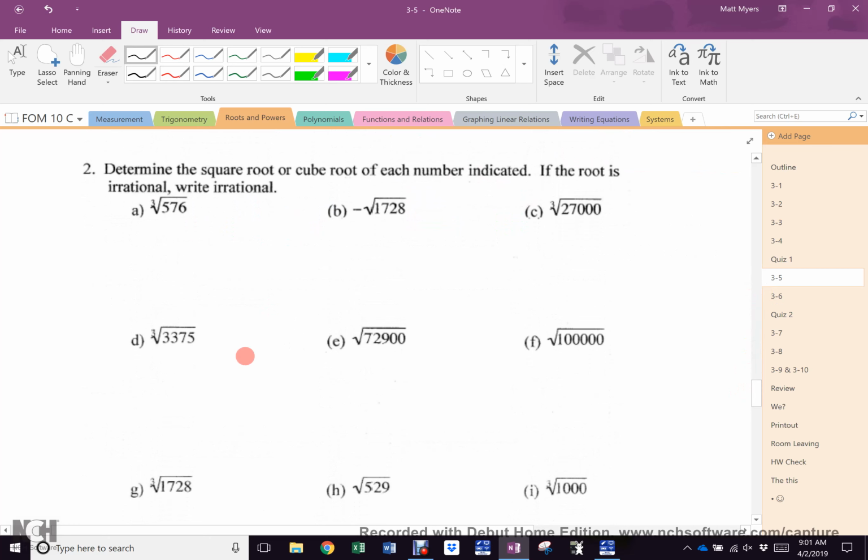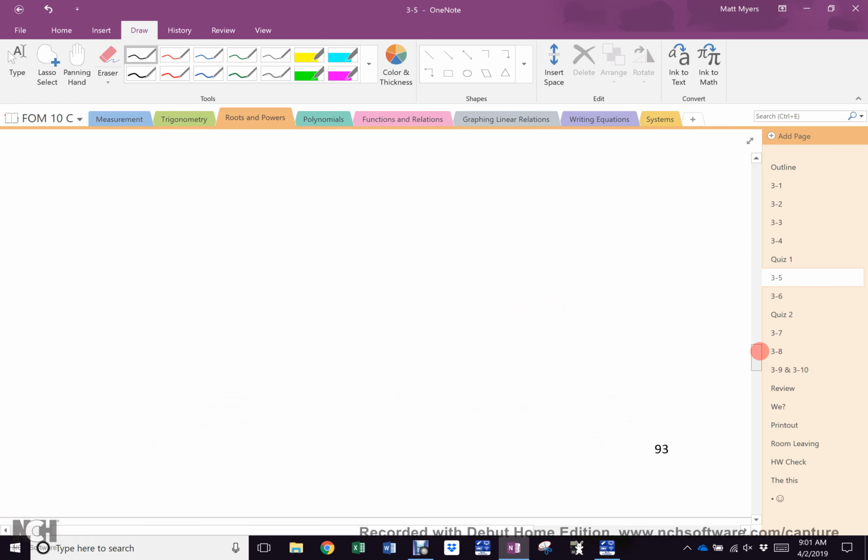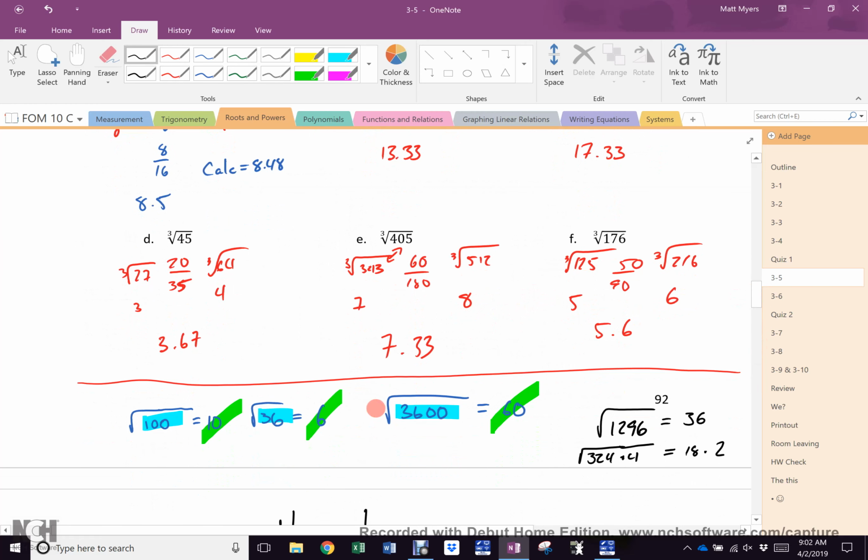I'll allow you to use your calculator, but I don't want you using the square root button. You can use your calculator to break the numbers down like we did right here. Everybody cool? Are you going to be able to get them all?